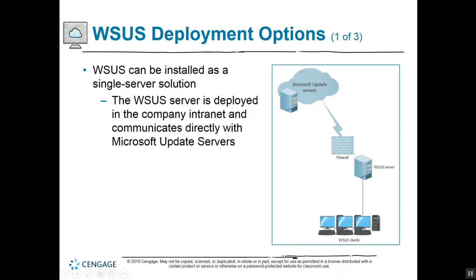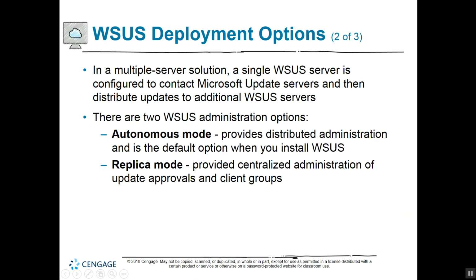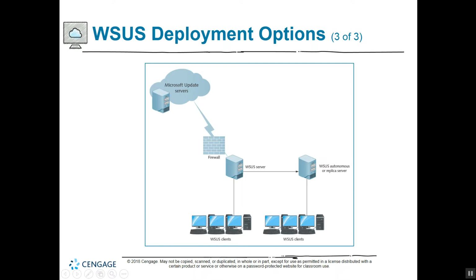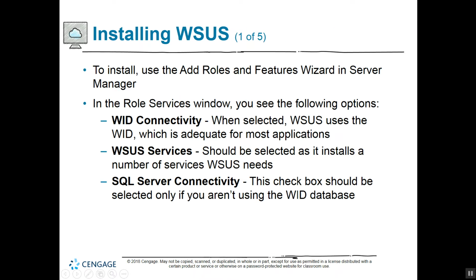WSUS can be installed as a single server solution. We've got two modes, autonomous mode and replica mode. Here we go with the update servers. It comes down to the WSUS server, and we've got an autonomous or a replica server along with it. We've got multiples performing the same task.